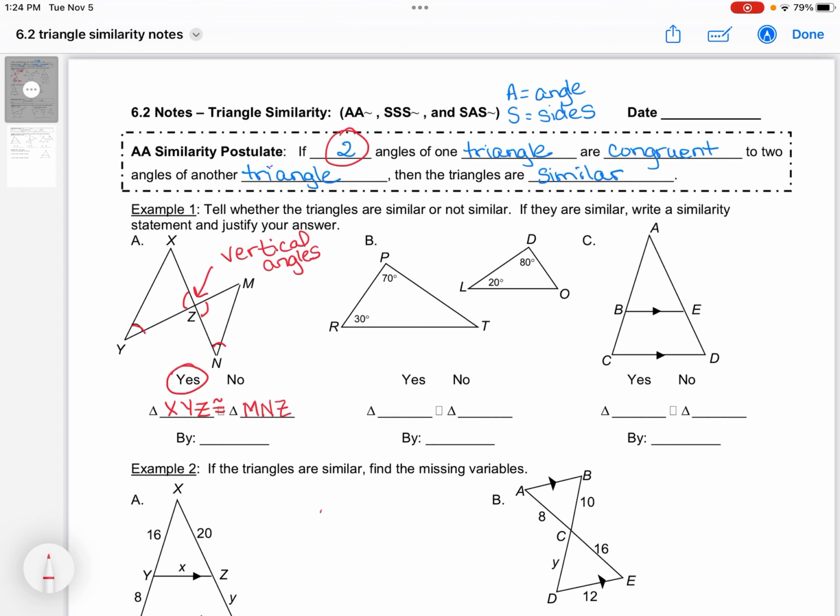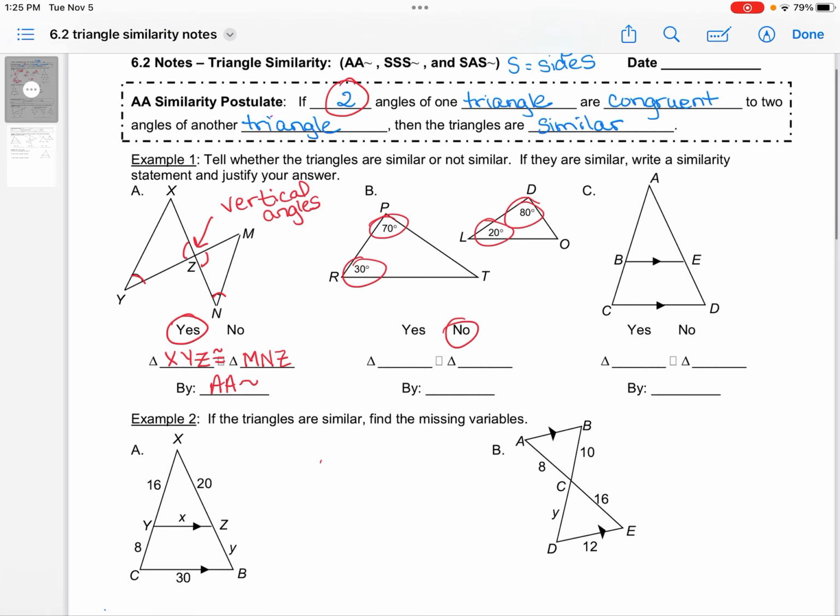We have to put them in the same order. Angle, angle similarity. When I look at these guys, I can already tell they are not similar, because two angles are already not the same, so the third angle is not going to be the same.